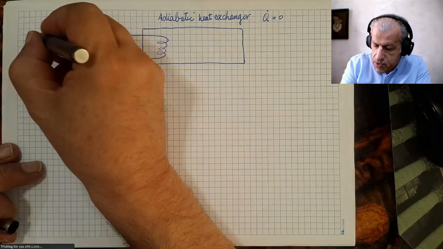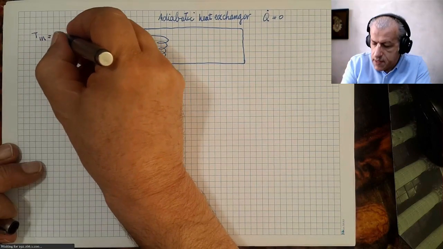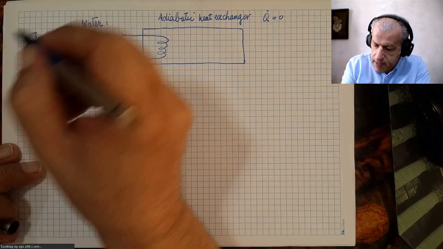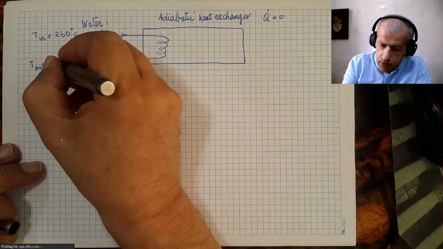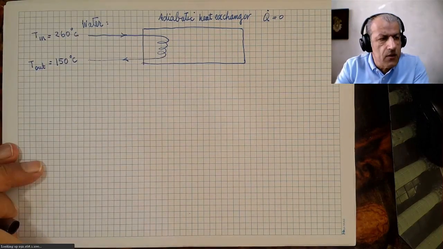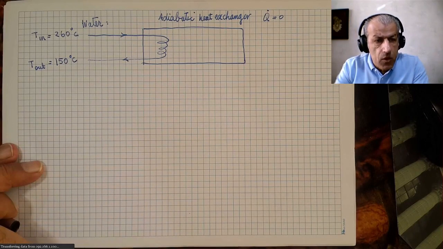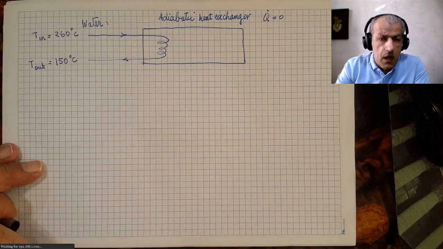The inlet temperature, T in, equals 260 degrees C, and the exit temperature, T out, is 150 degrees C. So we know both inlet and exit temperatures for the water.